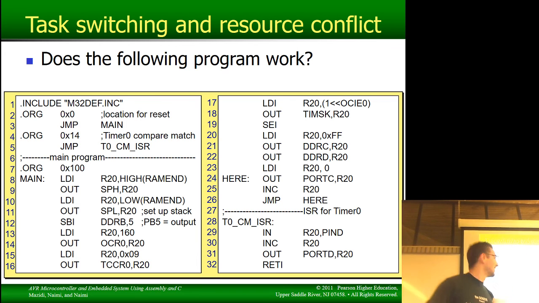Yeah, I do. So let's step through this for a second, all right? So R20, we load it up with 0. And we output it, we increment it, so now it's 1. We're going to do this maybe 4 or 5 times before this interrupt fires. So now R20 is 5. Okay. Now we load up from pin D. Pin D is 0, let's assume. So R20 is now 0, we increment it, it's 1, and we output it.